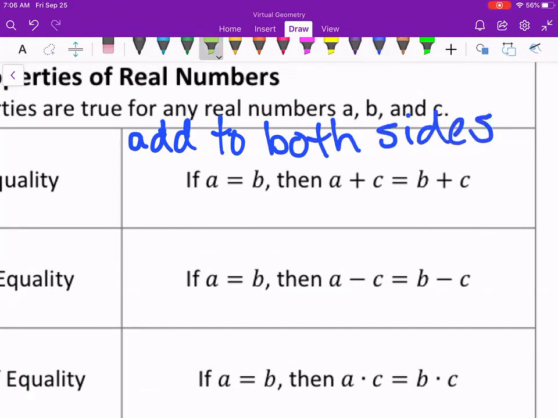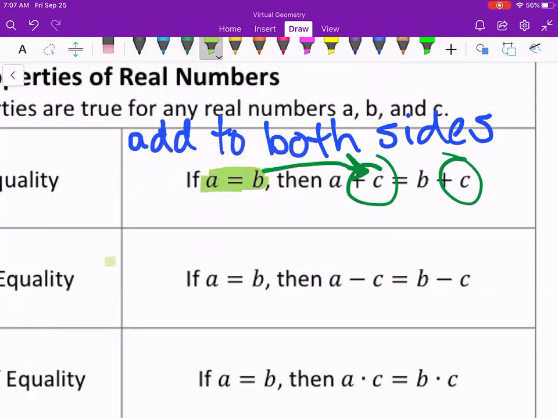So if we are working through these properties of equality, again, we start with the hypothesis and what was done to that hypothesis to get to the conclusion, which was, again, we added that C to both sides. So we're adding the same thing to both sides there.